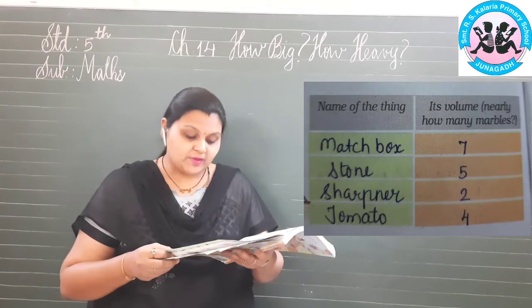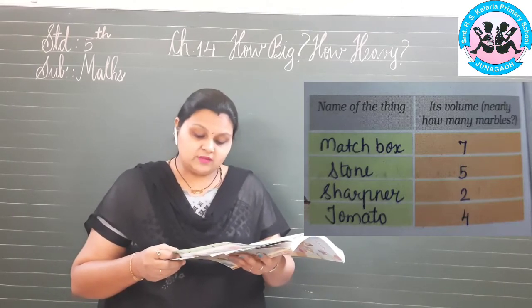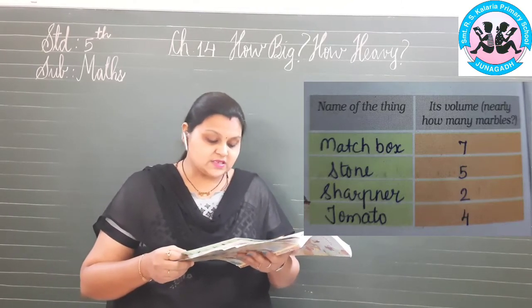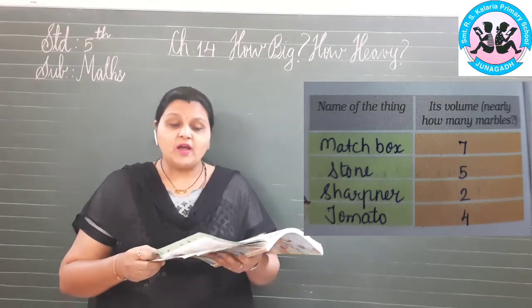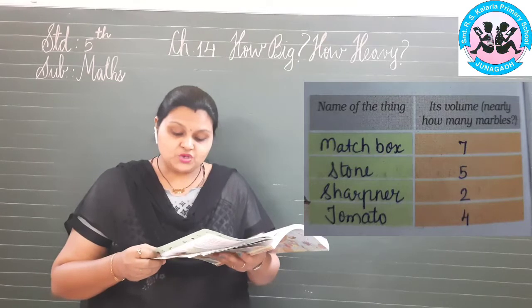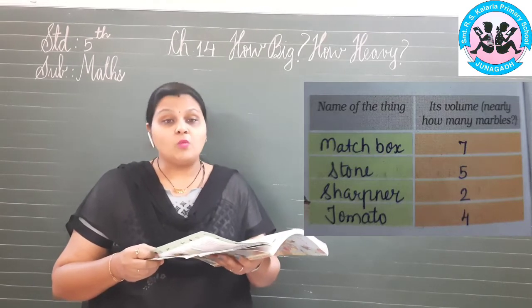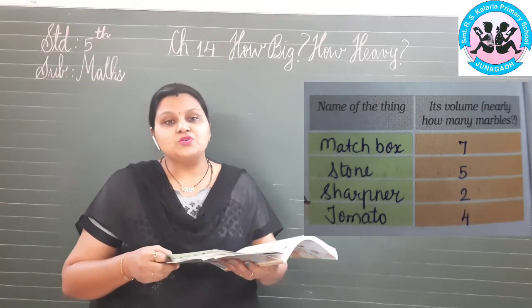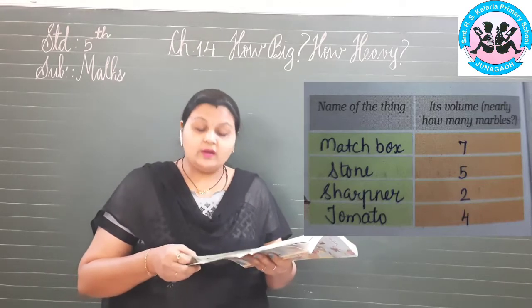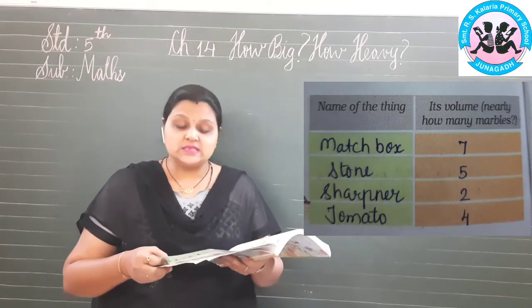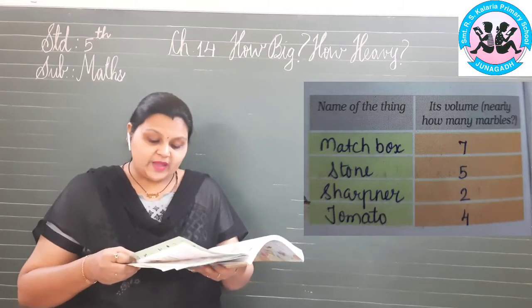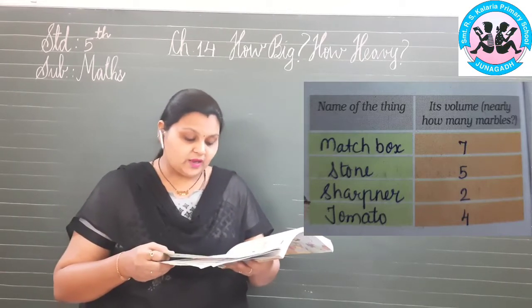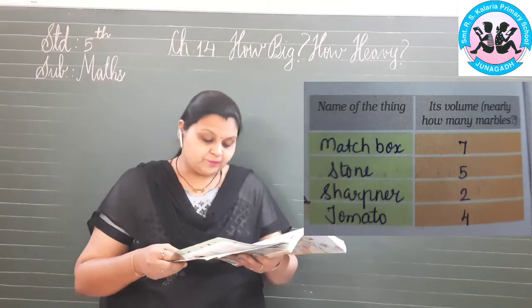Molly used her measuring bottle to find the volume of a 5-rupee coin. She found that 9 5-rupee coins push up 10 ml of water. Now if she wants to push up the water by 10 ml, she will require 9 5-rupee coins. So you can also use 9 5-rupee coins to make your measuring bottle.